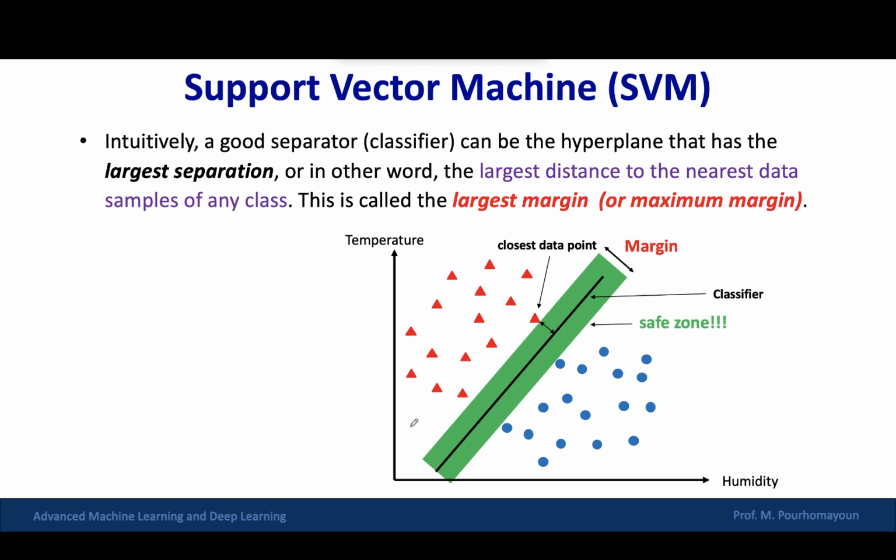In SVM, we consider each one of these samples as a vector, okay? Each one of these samples will be one vector in this space. And the samples that are on the border are called support vectors. So for this classifier, this guy is a support vector. Why do we call it a support vector? Because these samples that are on the border help us find the best classifier.